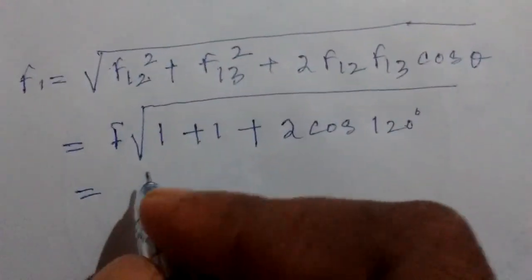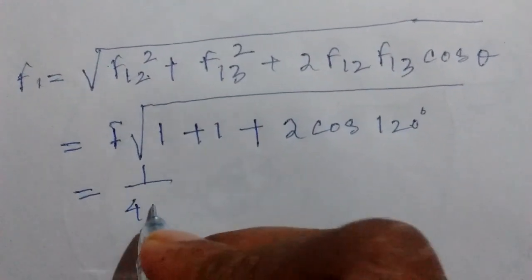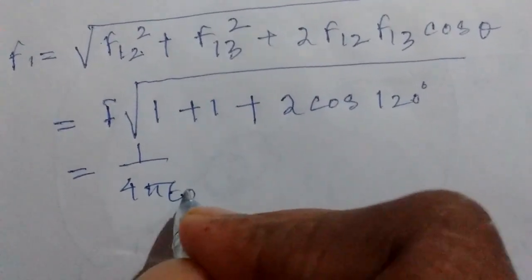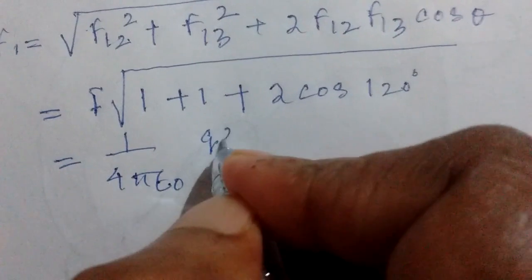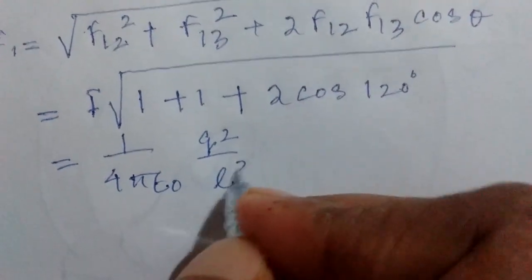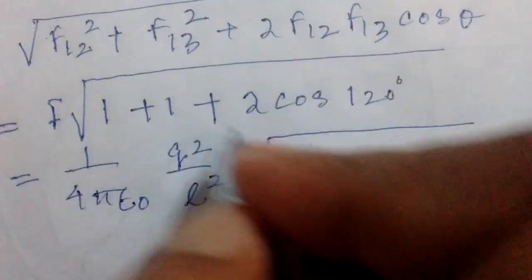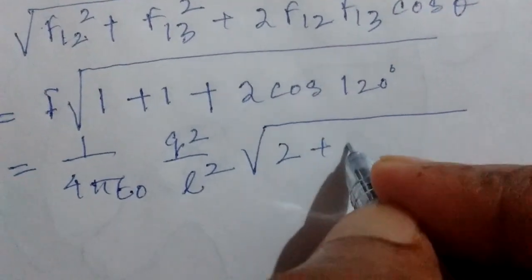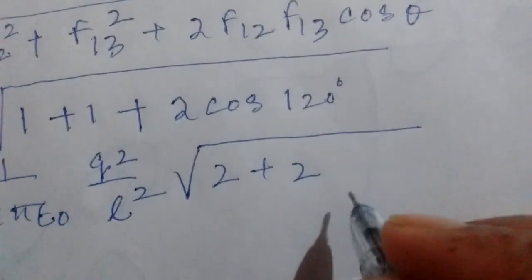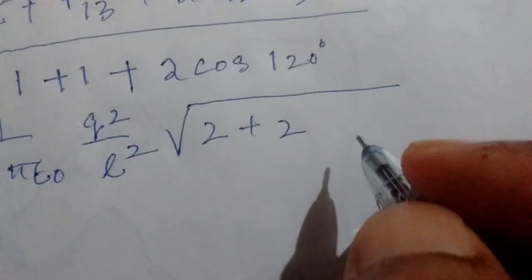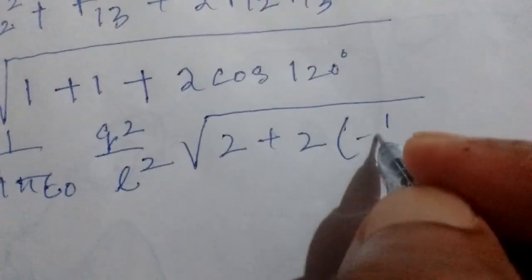Now put the value of F, that is 1 by 4 pi epsilon naught q square by L square, root over of 1 plus 1 plus 2 cos 120. Cos 60 is half, so cos 120 will be minus half.